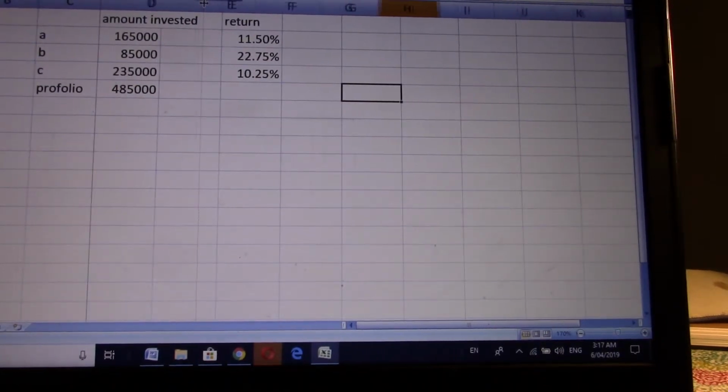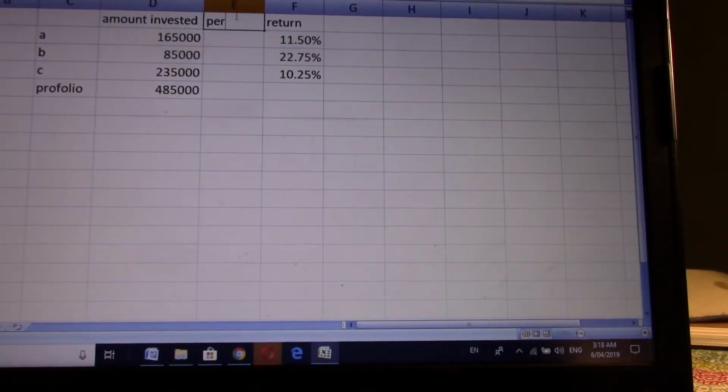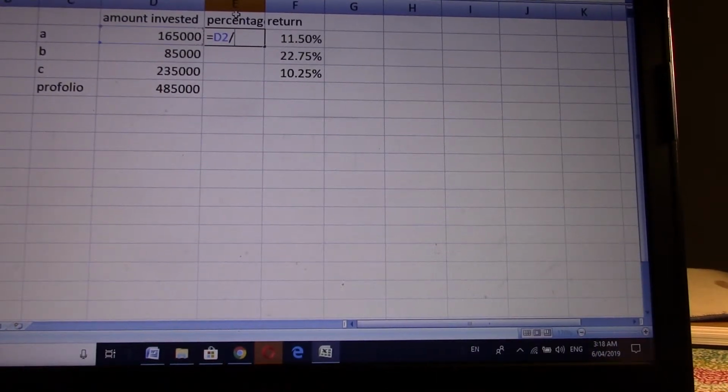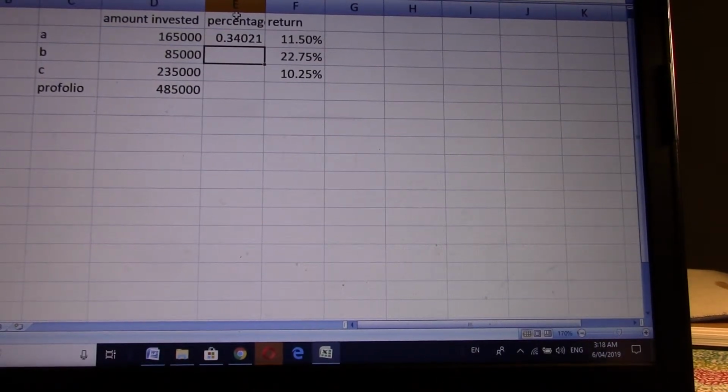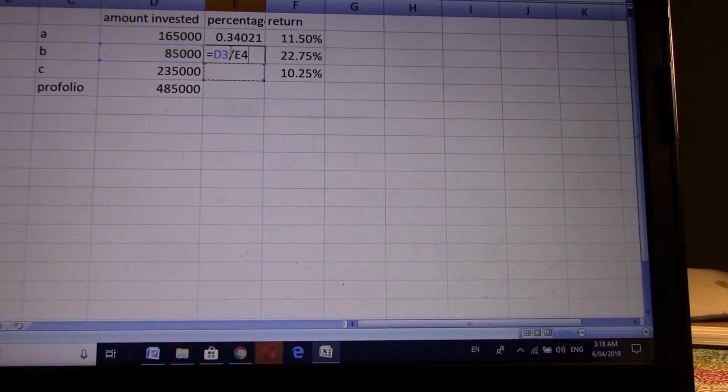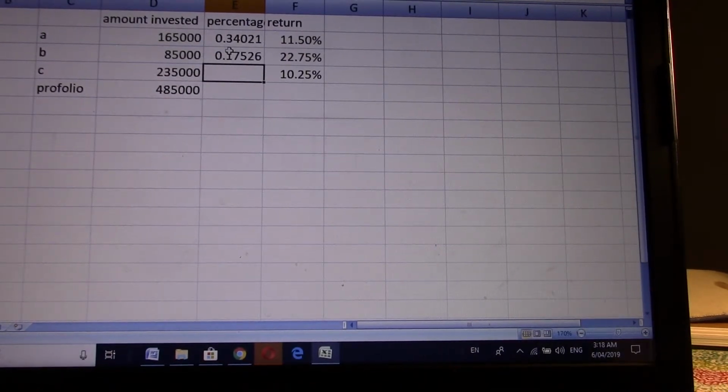Okay, so now we need to know the percentage of each stock in the portfolio. So it should be 165. Okay, so this is a percentage. So the second one should be 85,000 divided by the total amount.